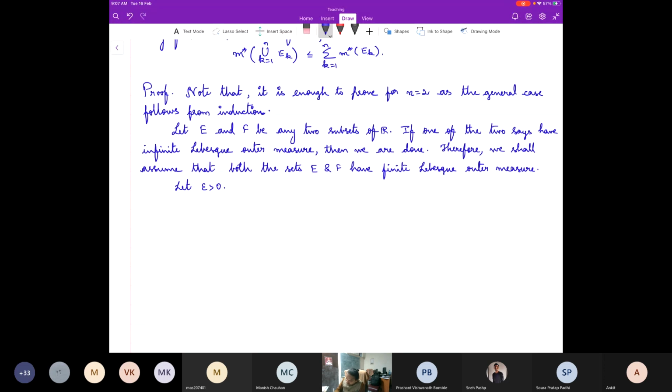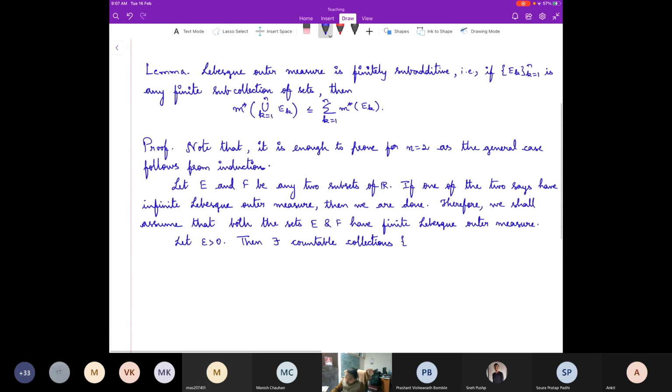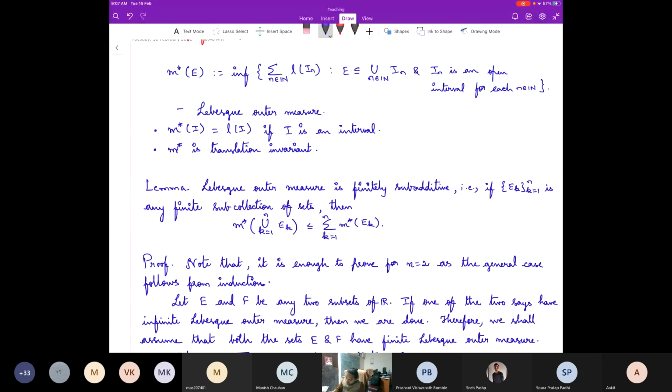Once you have an epsilon positive, then there exist countable collections, from the definition of the Lebesgue outer measure. Because m star of E is the infimum, what can you say about m star of E plus epsilon for any epsilon positive?